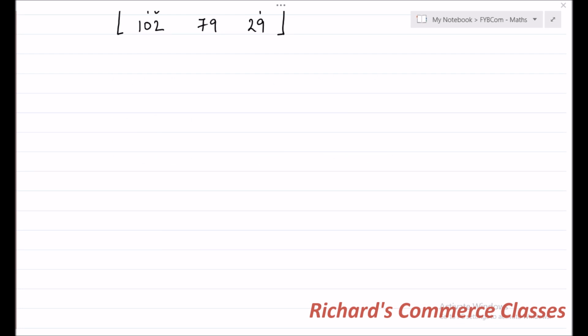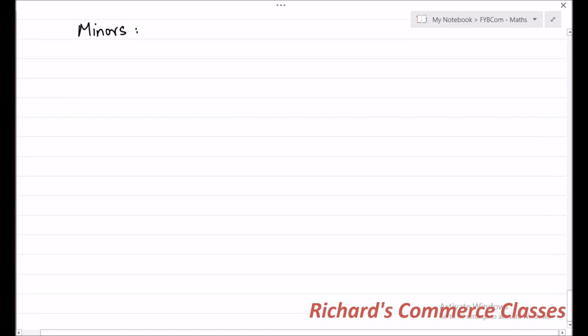The next concept is minor of a matrix. Let's take a 2 by 2 matrix. Let's say A is equal to 3, 7, 2, 4.